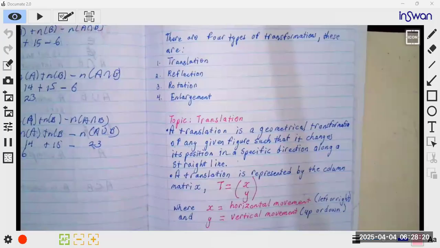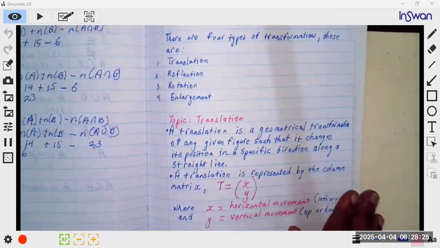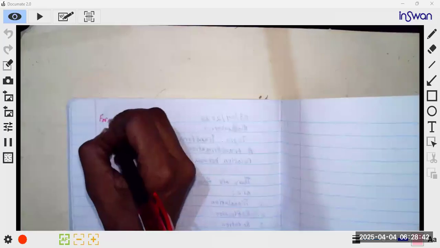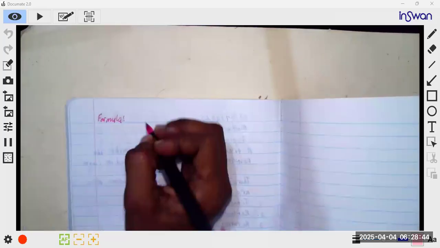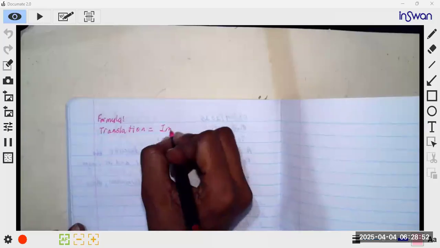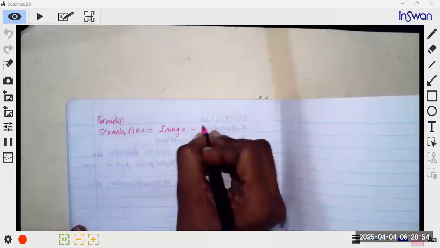So now we're going to start off defining translation. A translation, we usually use column vectors, right? So one of the formulas that you all will use is translation is equal to the image take away the object.